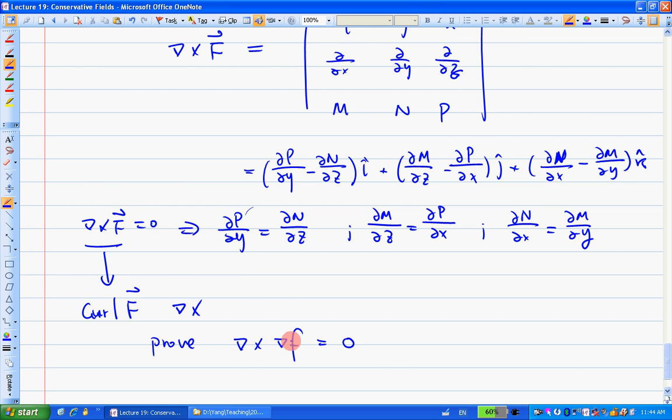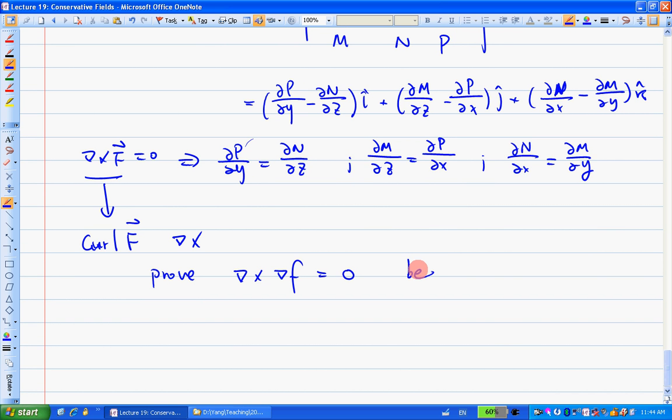And if it's a conservative field, according to the theorem, then the curl of the conservative field is going to be 0. So del cross the gradient of anything is going to be 0. You can very easily prove this, because the gradient field is conservative.